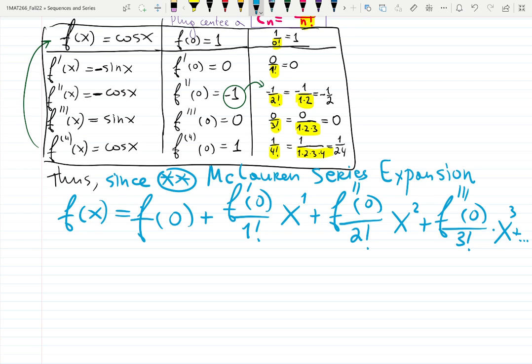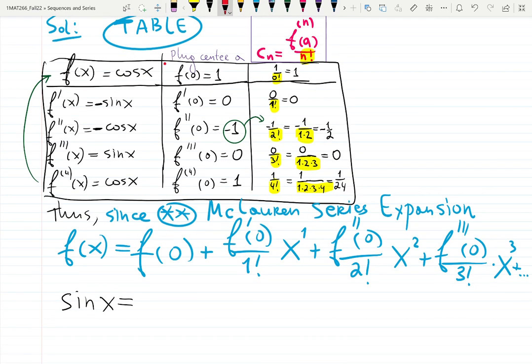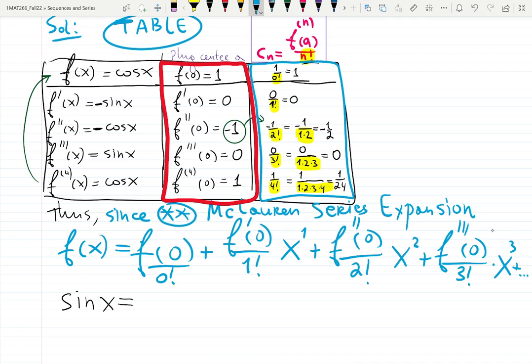Since we know this formula, double star, we can write down the function. We just literally want to put one on top of the other. So f at 0, you see my table is exactly what I need here. F at 0 comes from the second column, but I will tell you to use the third right away, because it's actually f at 0 divided by 0 factorial, so it's still a pattern. 0 factorial, 1 factorial, 2 factorial, 3 factorial. x to the 0, x to the 1, x to the 2, x to the 3.